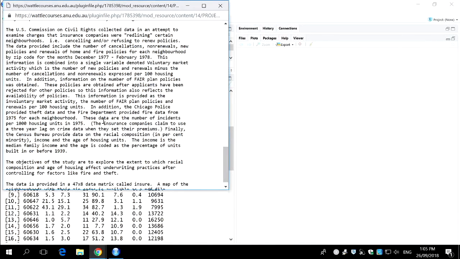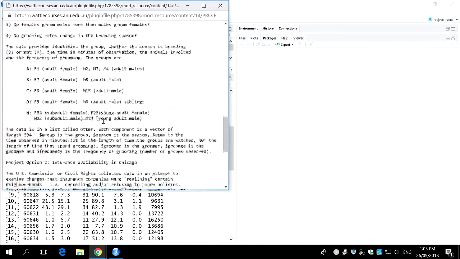Just before we talk about the insurance data, I just wanted to go back to the data on the otters for 1 second, and talk a little bit about these groups. You actually have 5 different groups of otters.